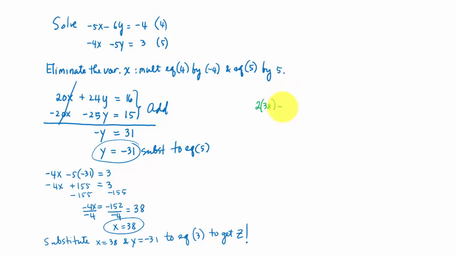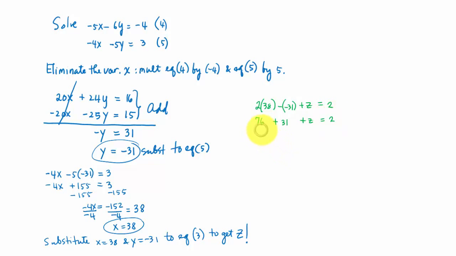Minus y, so minus a negative 31 plus z equals 2. And what does that give us? Well, 2 times 38 is 76, then plus 31 plus z equal to 2.